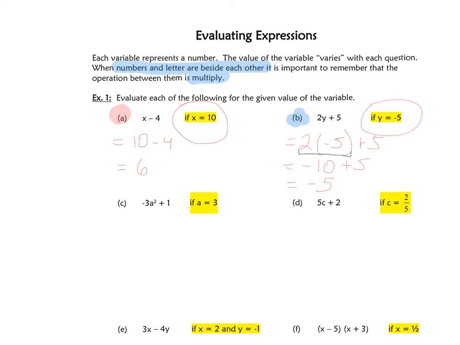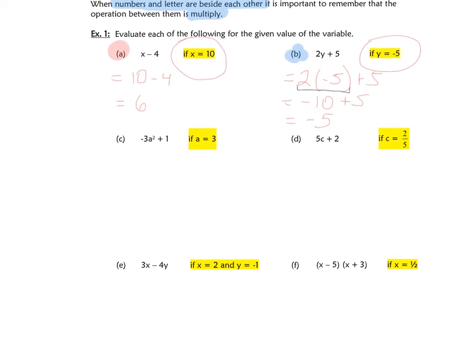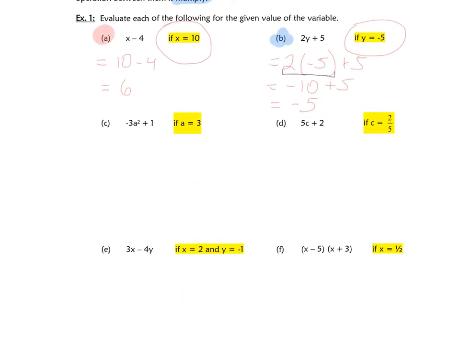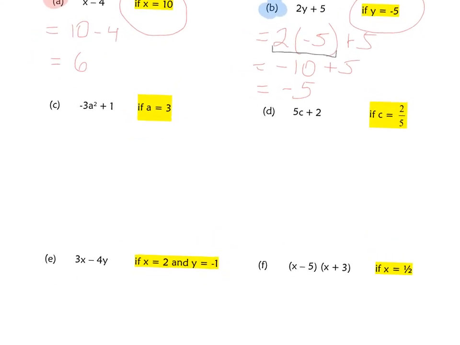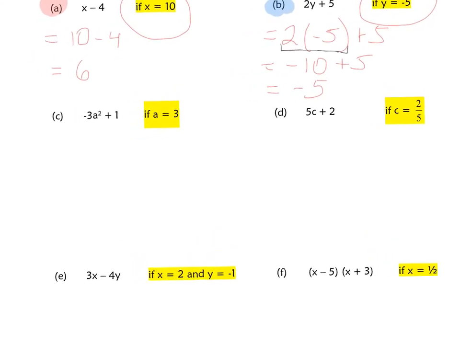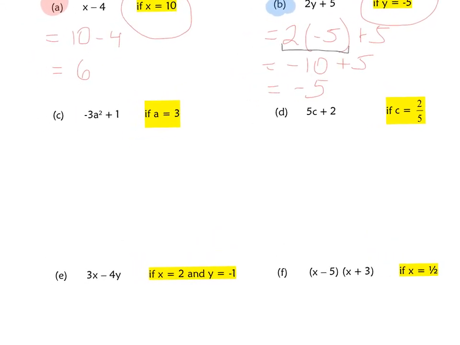So we'll scroll down here to C. I'm going to expand this a little bit so we have a little more room. We have something a little bit different here in terms of the exponent.